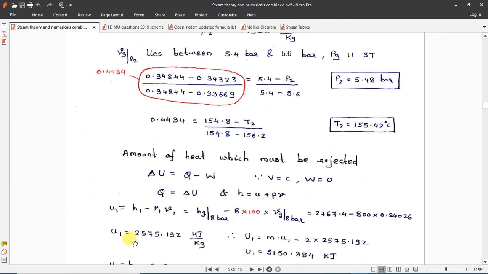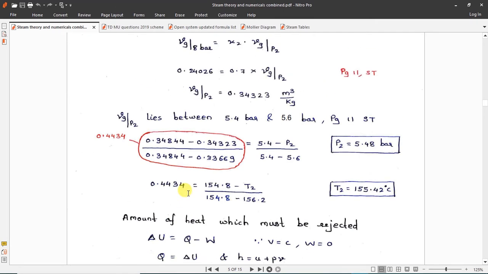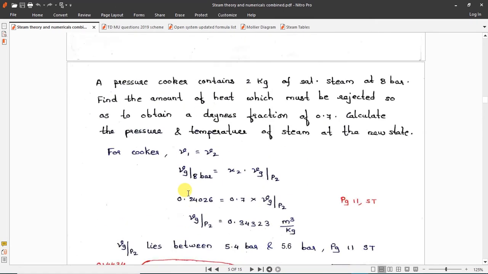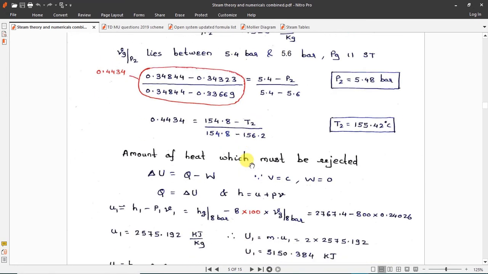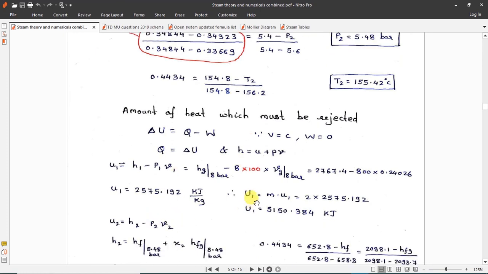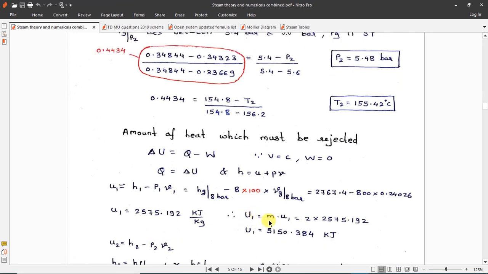Now since we have to calculate Q in kilojoule and in the question it is given that the pressure cooker contains 2 kg of steam, we can multiply this U by mass. So what will be capital U1? It will be mass into small u1. So mass is 2 kg of steam, so 2 into small u1, you will get capital U1, unit will be kilojoule.